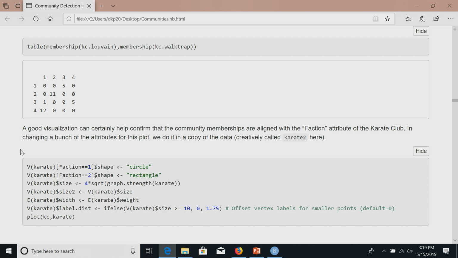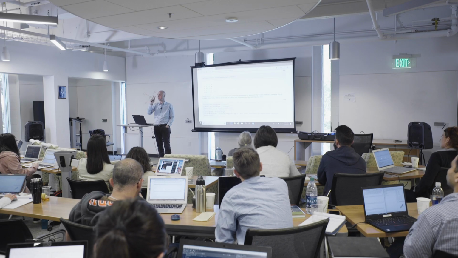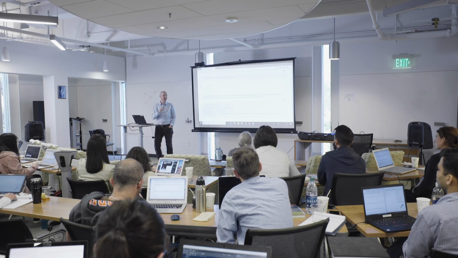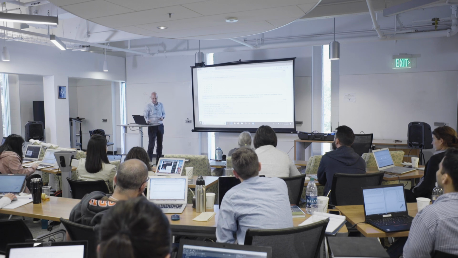Walk Trap 2 is identical to Louvain 1. Walk Trap 1 is almost identical to Louvain 4, and Walk Trap 4 is almost identical to Louvain 3, except for one little annoying node that got misplaced. If you remember the force-directed layouts, that node happens to be node 10, that sometimes goes in different places.